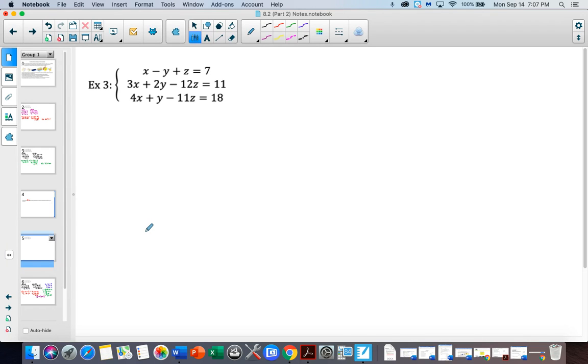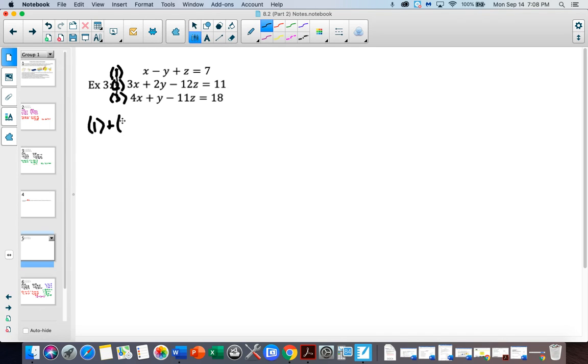Right? So this first one, again, the goal is to create a system of 2 equations and 2 variables. So I'm going to label 1, 2, and 3. And right off the bat, I see if I just add equations 1 and 3 together, I'll eliminate the y's. So let's do that first.